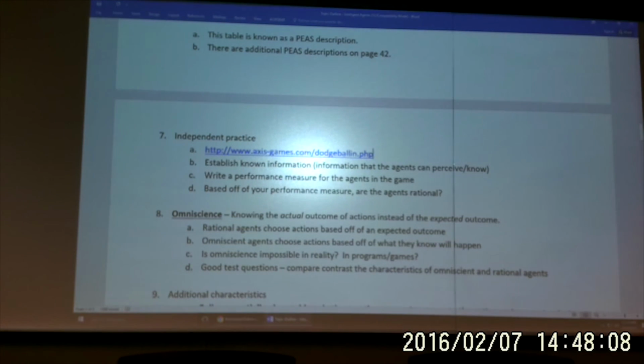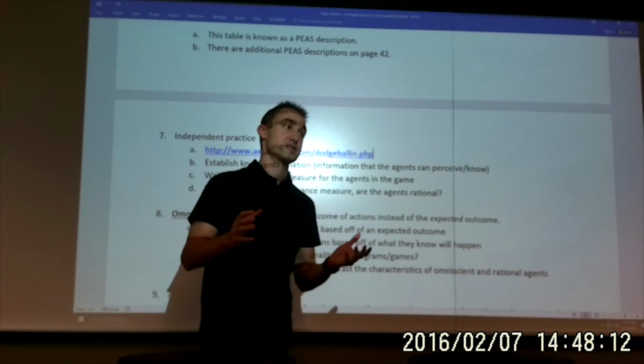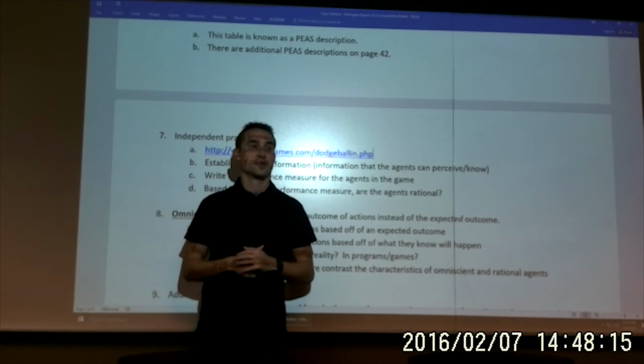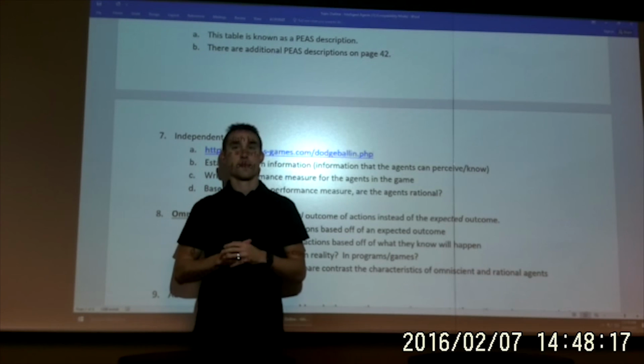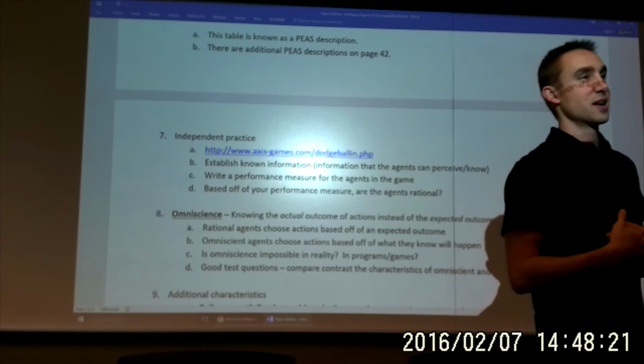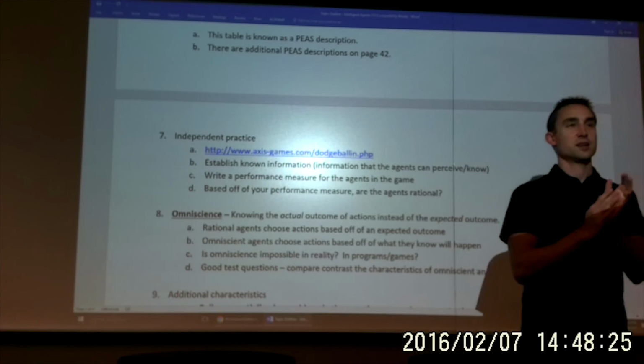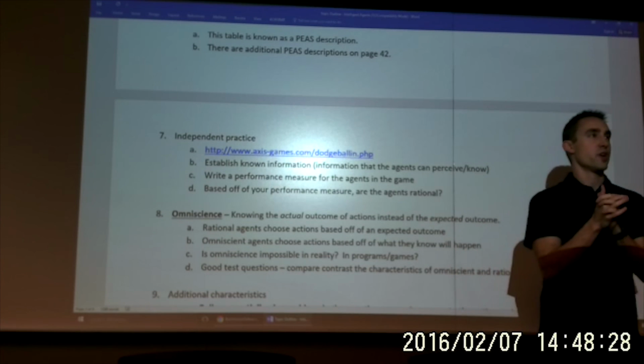If a ball is coming at you, that's usually a bad thing unless you intend to catch it. Right? So then it gets kind of difficult to balance that performance measure. You have to balance it based off of how many members of your team are left, what is the probability that you're going to actually catch the ball. So it can get kind of tricky as far as that goes. Whatever thoughts that you have on this?